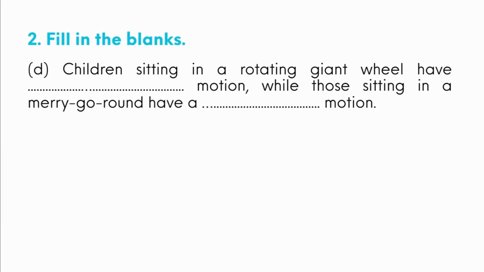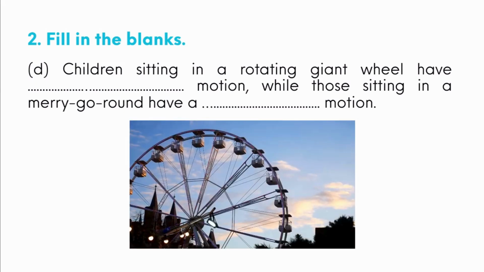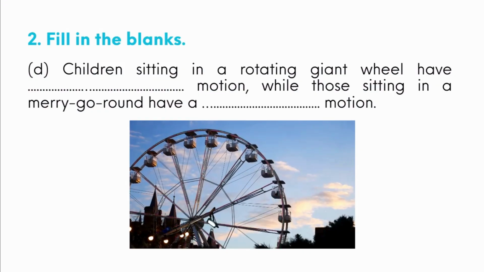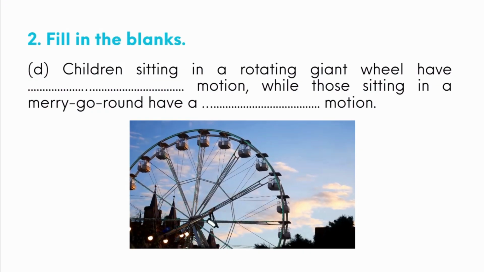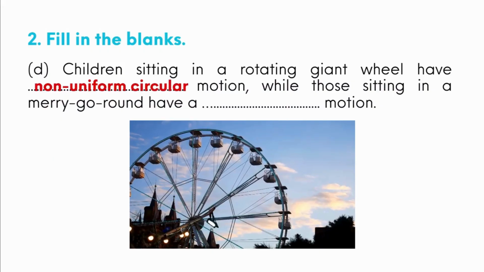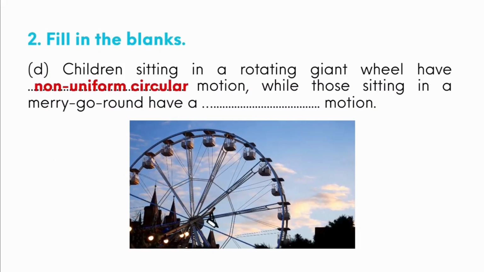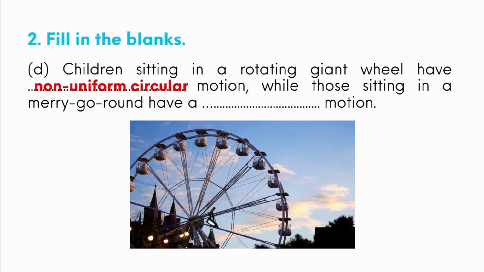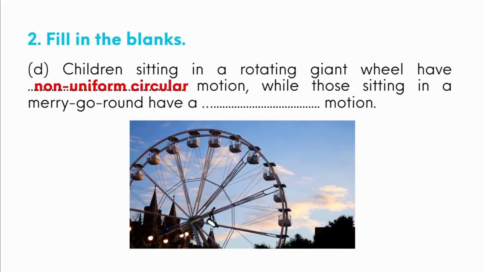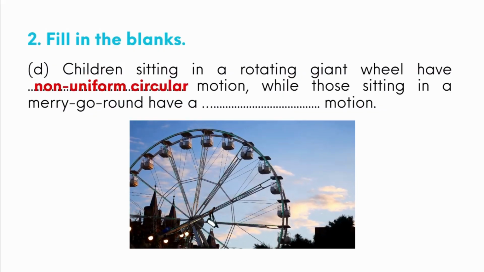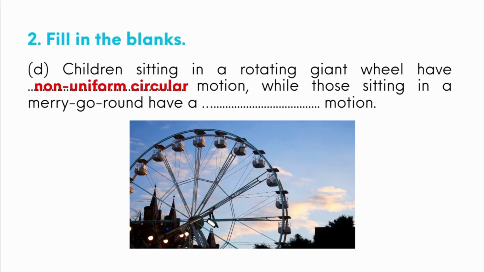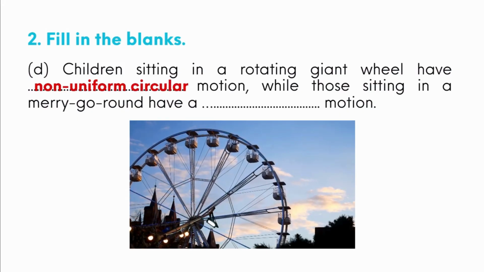Next, children sitting in a rotating giant wheel have dash dash motion. The giant wheel looks like this, and its motion is non-uniform circular because the speed of the giant wheel is increasing and decreasing with time. That's why it is non-uniform circular motion.